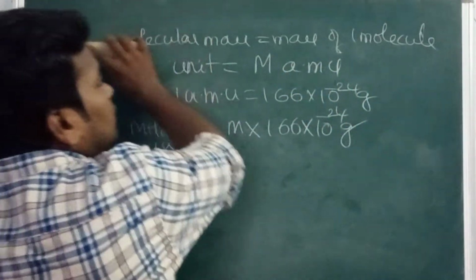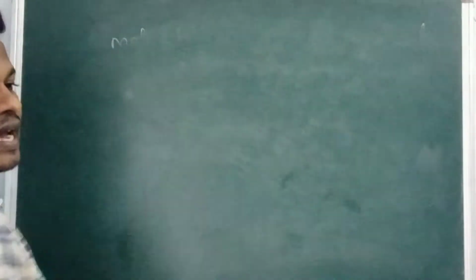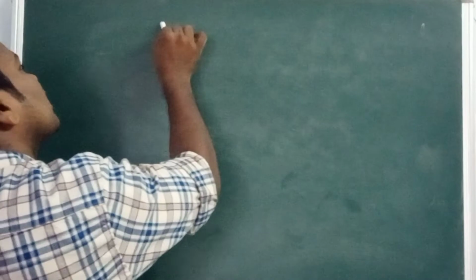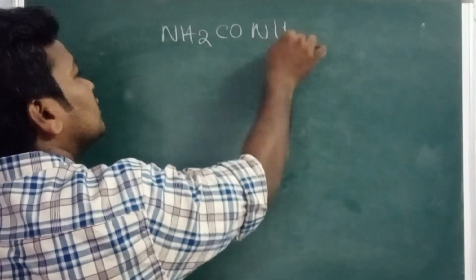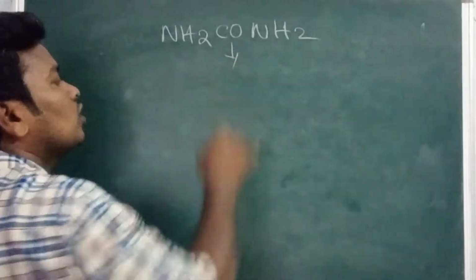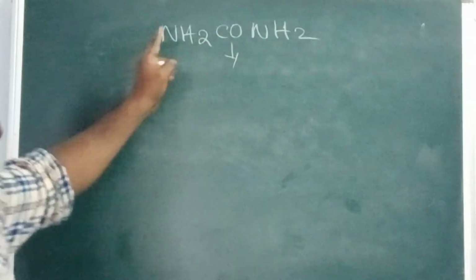See another example. Calculate the molecular mass of urea. Urea is NH2CONH2.